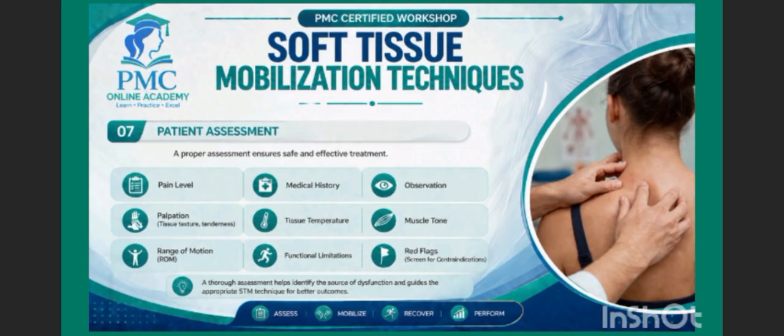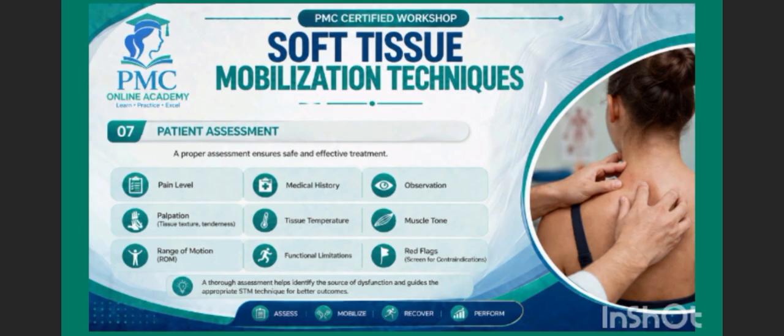Now, one important thing I always tell my students is, don't treat what you think is wrong. Treat what your assessment proves is wrong. Good assessment leads to accurate diagnosis, appropriate treatment selection, and better patient outcomes. Always remember the sequence: history, observation, palpation, range of motion, functional assessment, and then treatment at last.